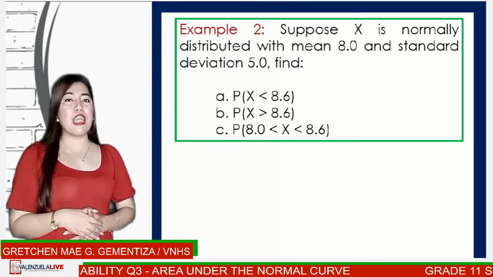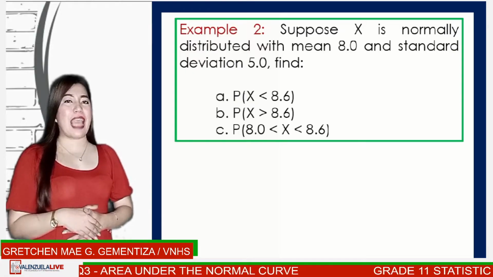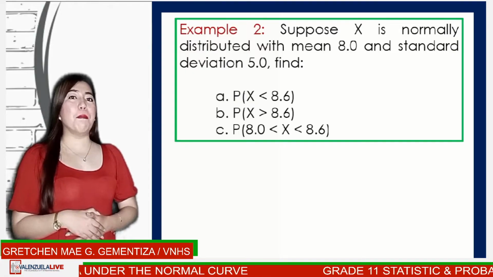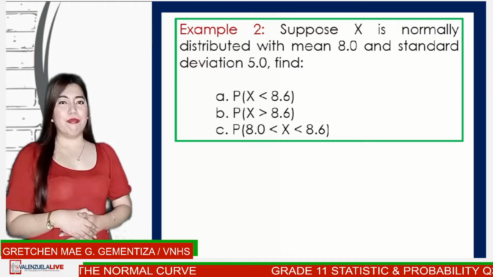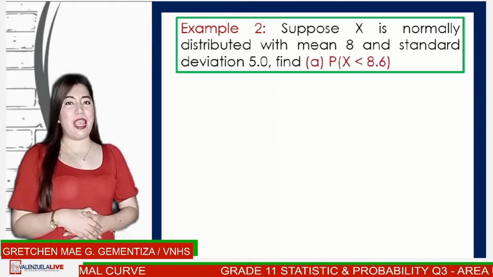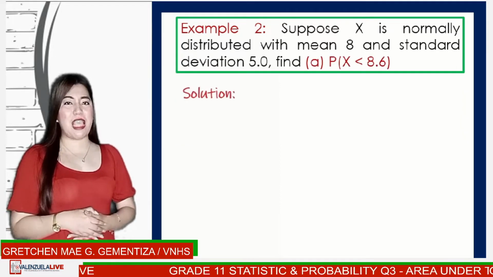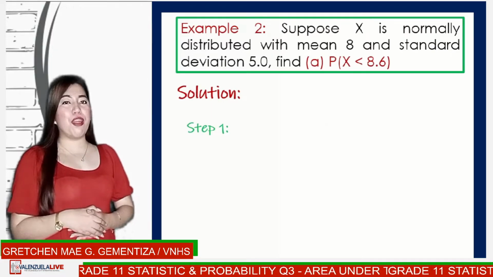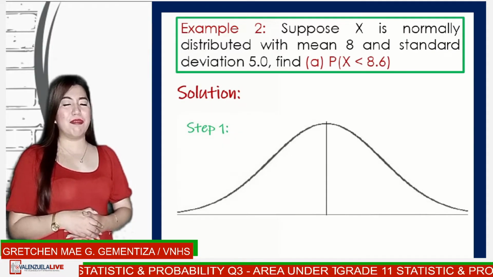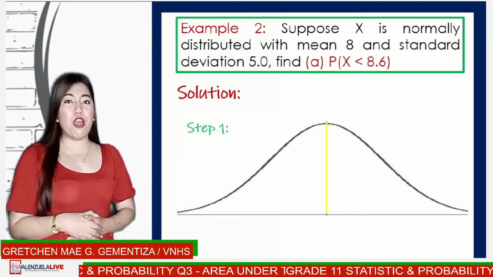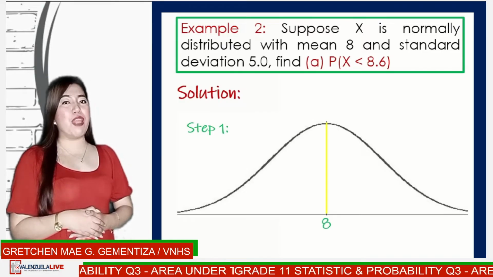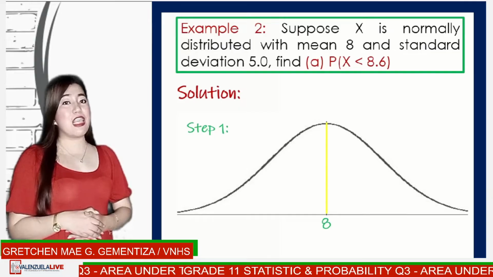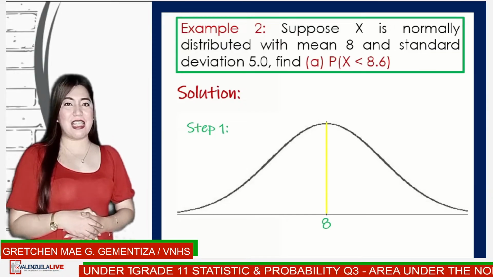And C. The probability of x greater than 8 but less than 8.6. To answer letter A, let us follow these steps. Step 1. Draw the normal curve with mean of 8. Locate where the x value given, which is 8.6, is placed on the x-axis.